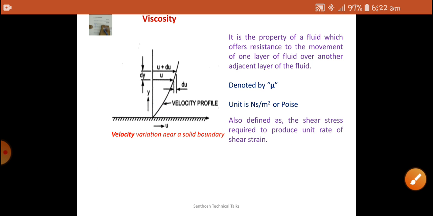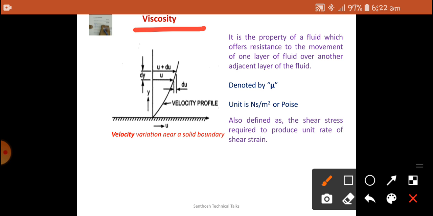Okay, so viscosity is the resistance offered by a fluid against motion. It is simply like friction, fluid friction, for better understanding, the internal friction between two layers of the fluid, which is called viscosity.